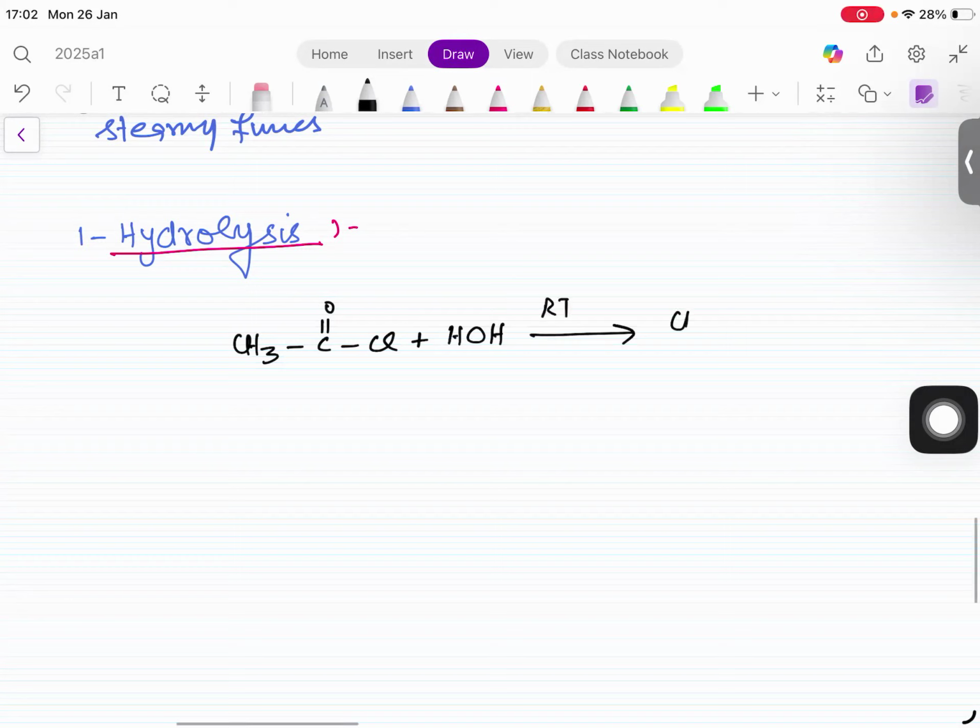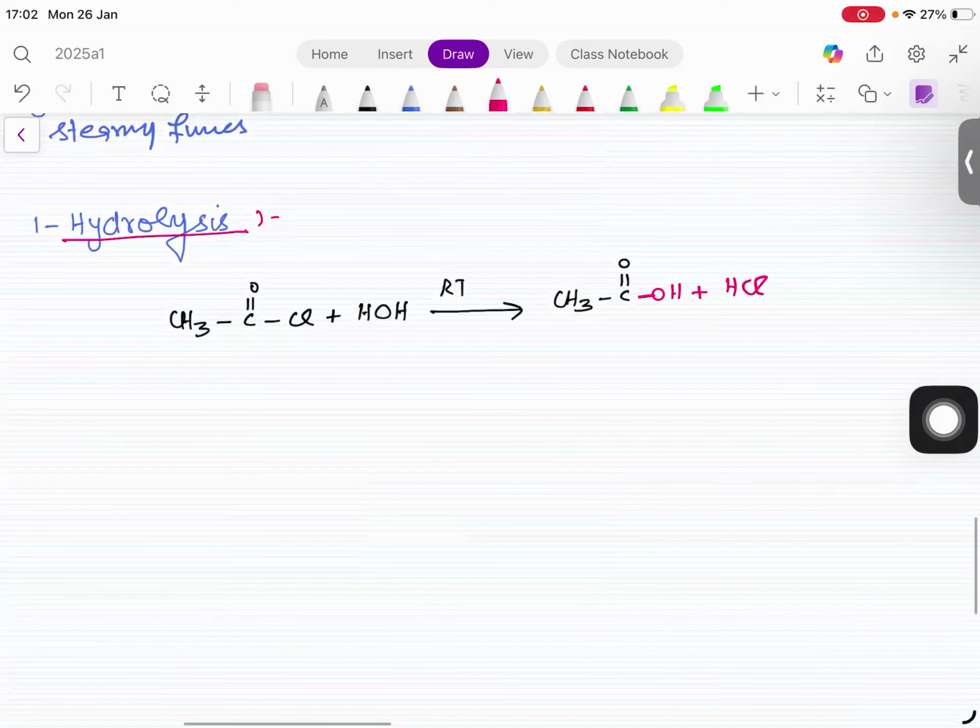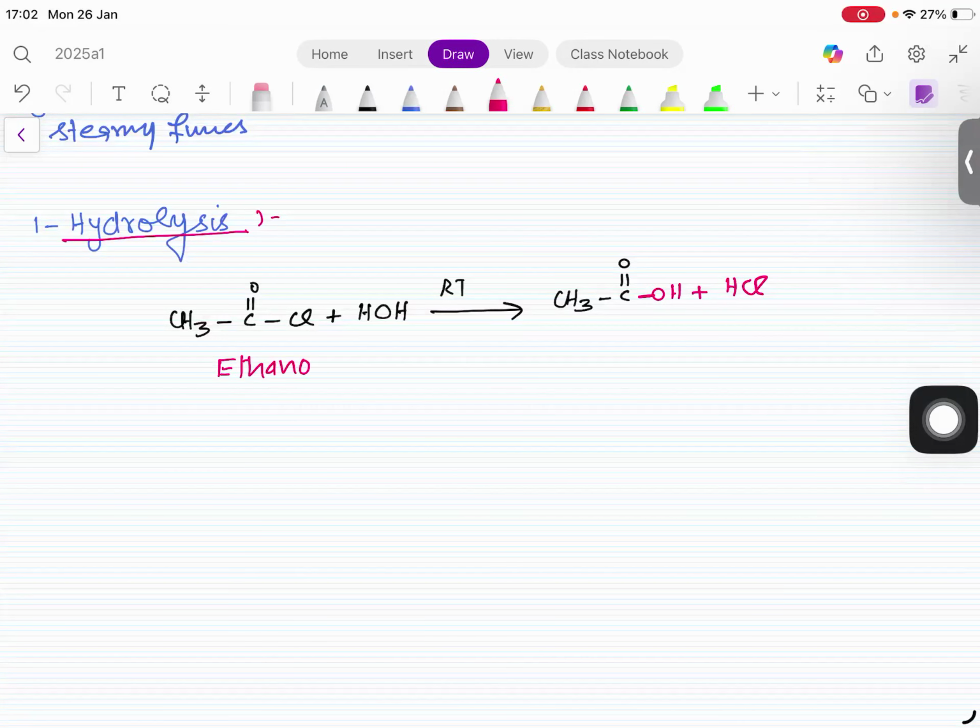The reaction is CH3COOH plus HCl. Ethanoyl chloride turns into what? Ethanoic acid. I always tell you one thing.